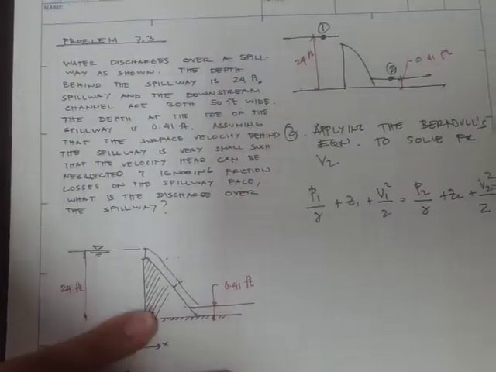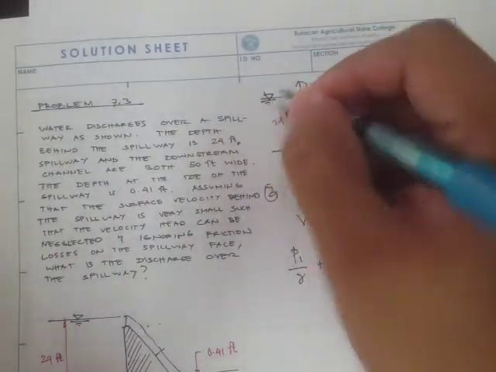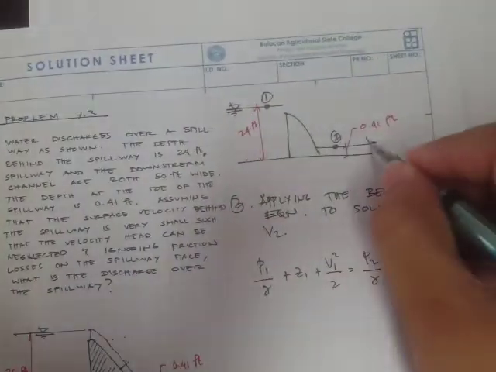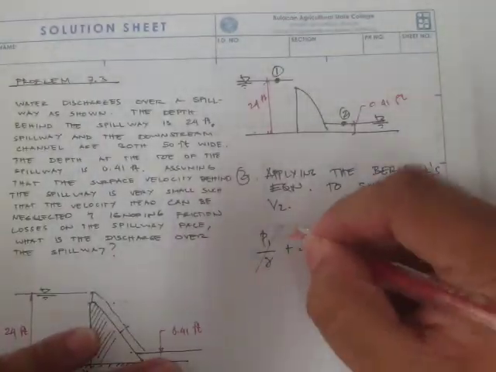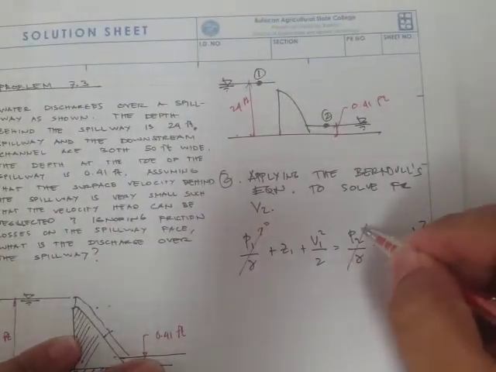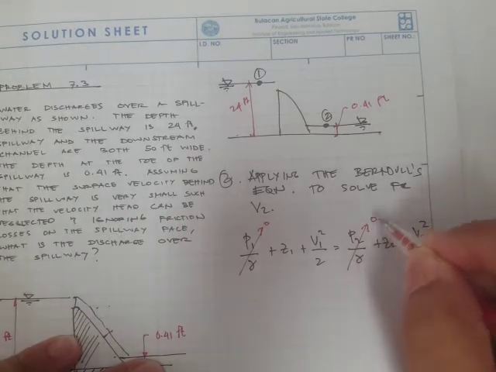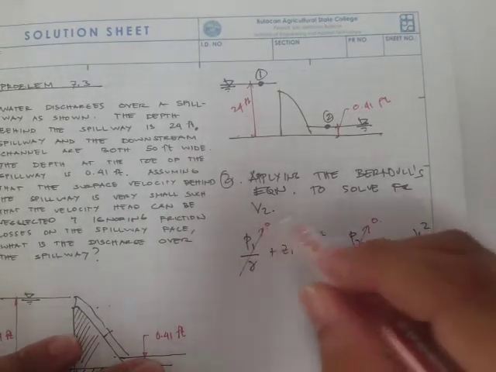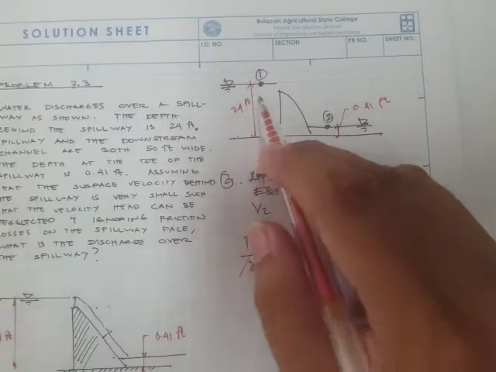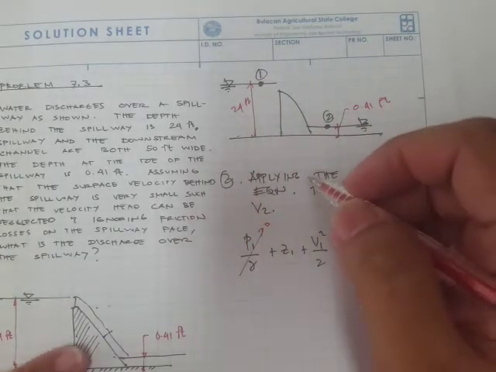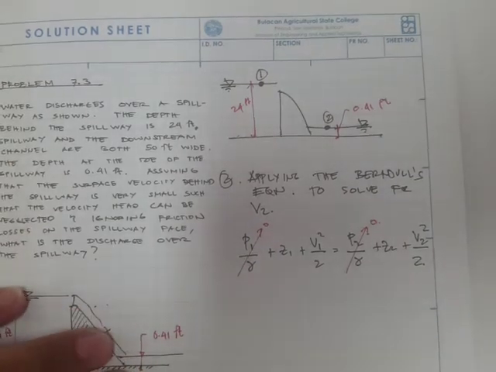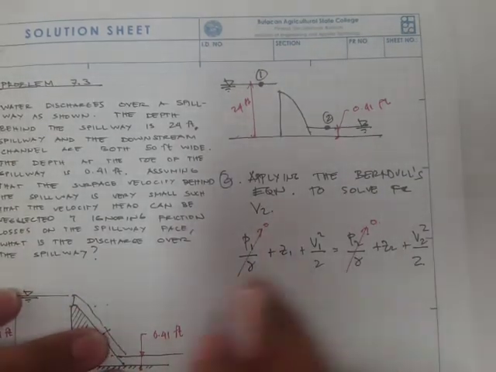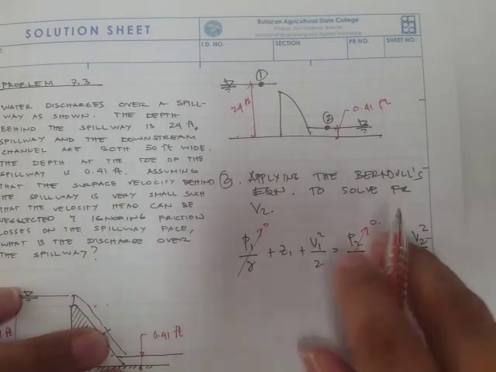Okay, so we notice that this is actually exposed to the atmosphere, to the atmospheric pressure, and therefore if we work on the gauge pressure, this will be 0, and then this one would also be 0. Again, they're 0 because they are exposed to the atmospheric pressure, and we're dealing with gauge pressure. In terms of gauge pressure, this will be 0.